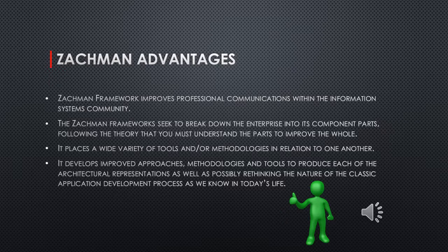It places a wide variety of tools and methodologies in relation to one another. It develops improved approaches, methodologies, and tools to produce each of the architectural representations, as well as possibly rethinking the nature of classic application development processes as we know them in today's life.